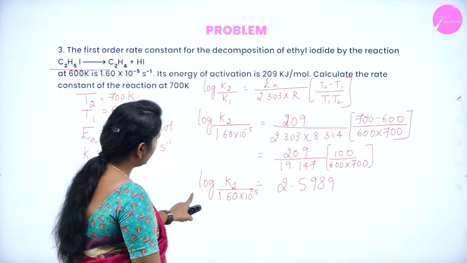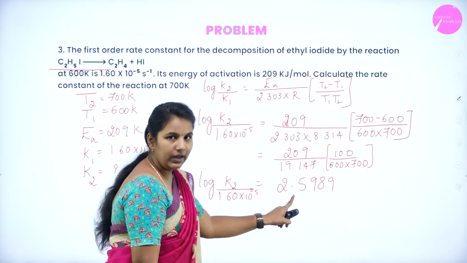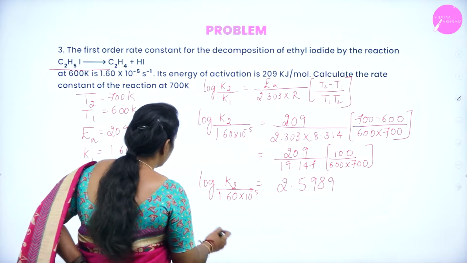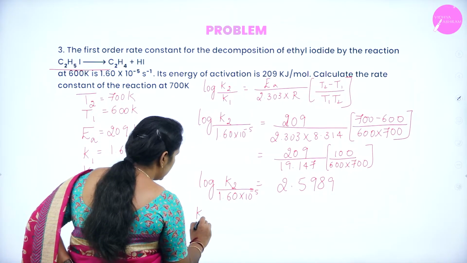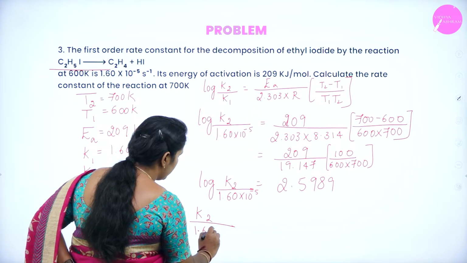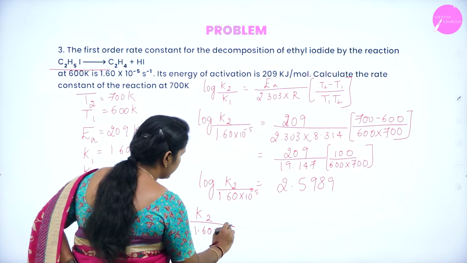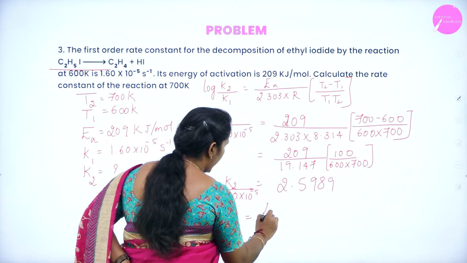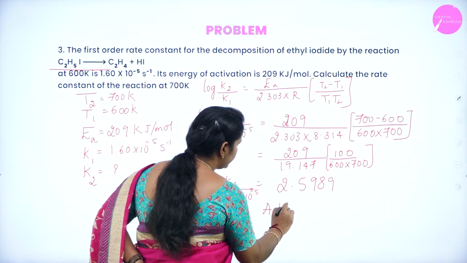Now I'll take this log to the other side. It will become an anti-log. So it can be written as K2 divided by 1.60 into 10 power minus 5 is equal to anti-log of 2.5989.